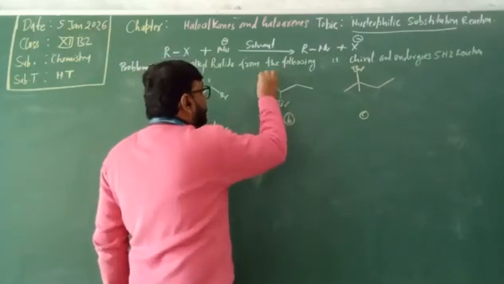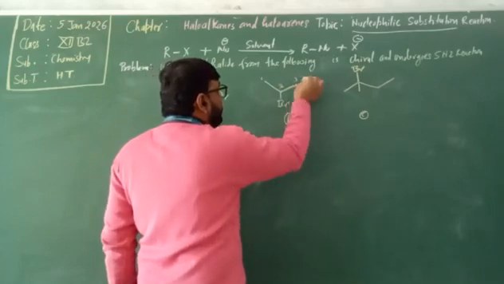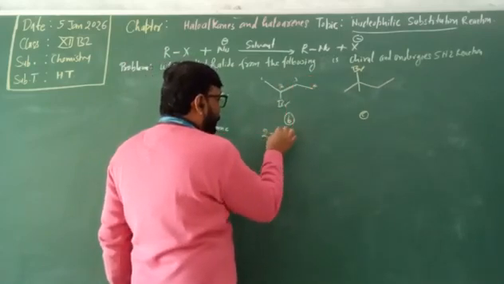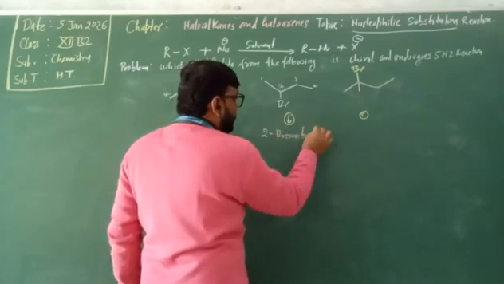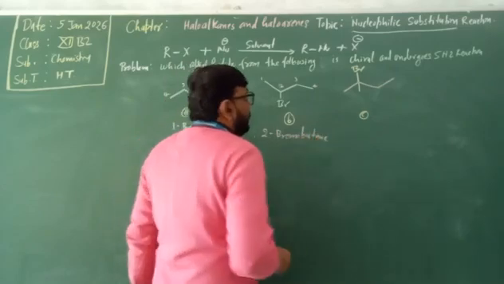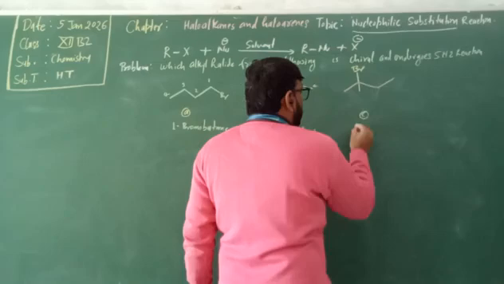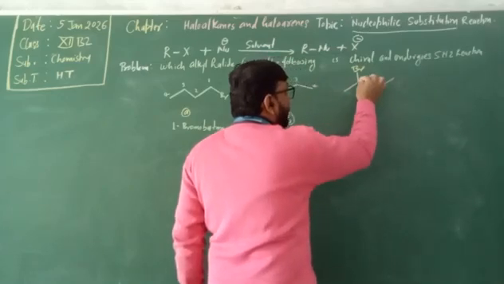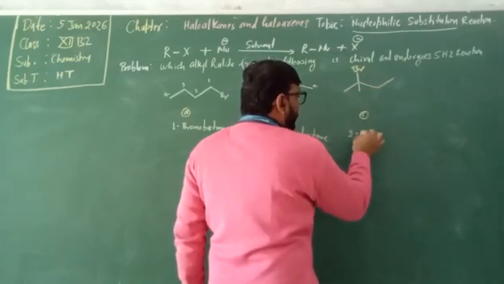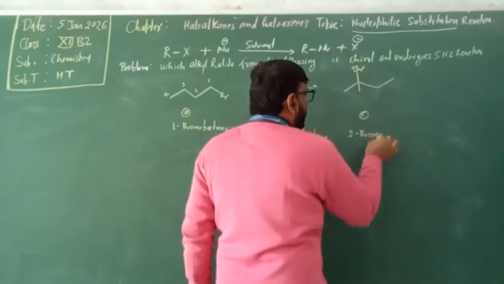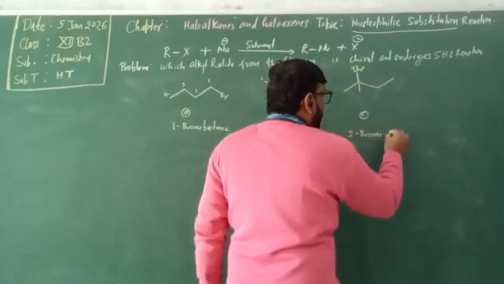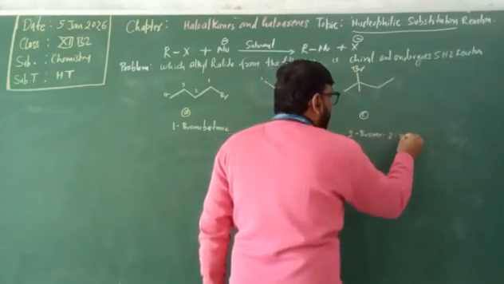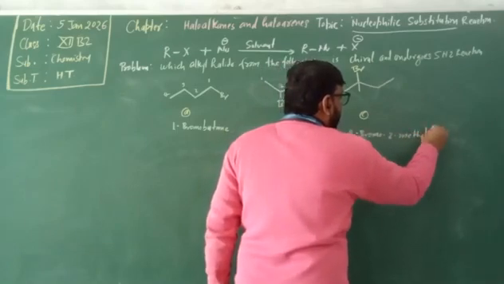First of all, write the names. This is 2-bromobutane, and this is 2-bromo-2-methylbutane.